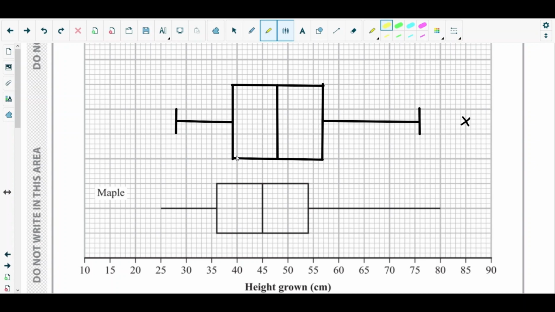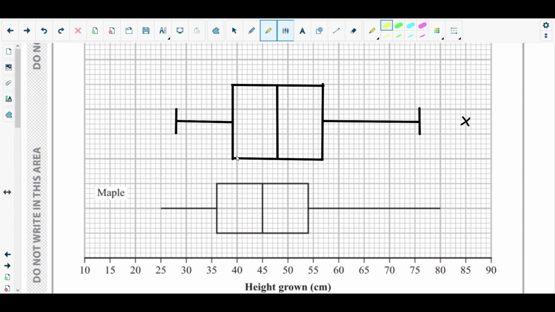When the question asks for differences, we basically consider either the spread or the location. The spread would be the range of the data, or the keyword interquartile range. With respect to the box plot, these two quantities can be the measure of spread.